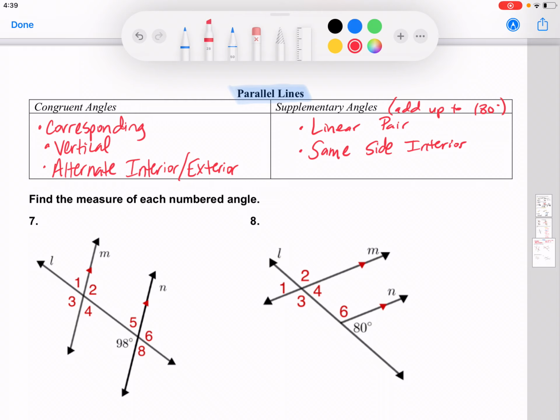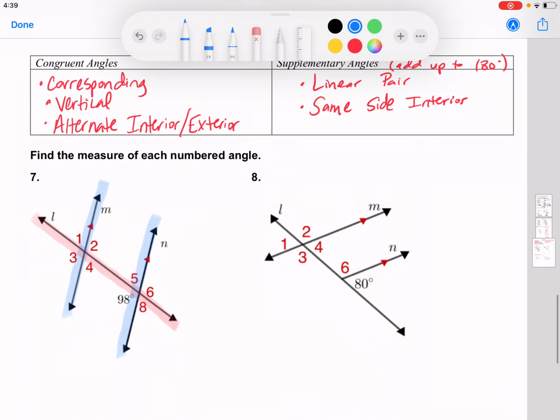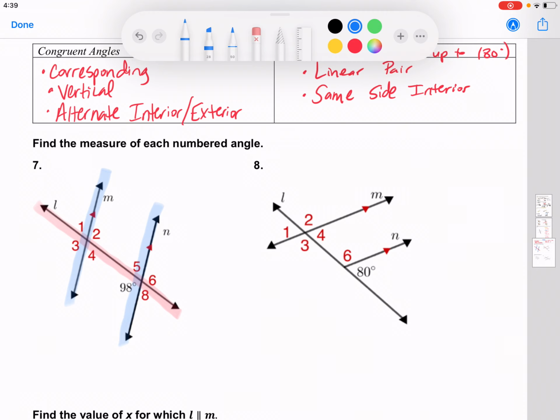So for instance, look at this number 7. Here's my transversal. Here are my two parallel lines. We're going to figure out what these other angles are. Sorry, I just had a moment. I couldn't remember what we were doing.